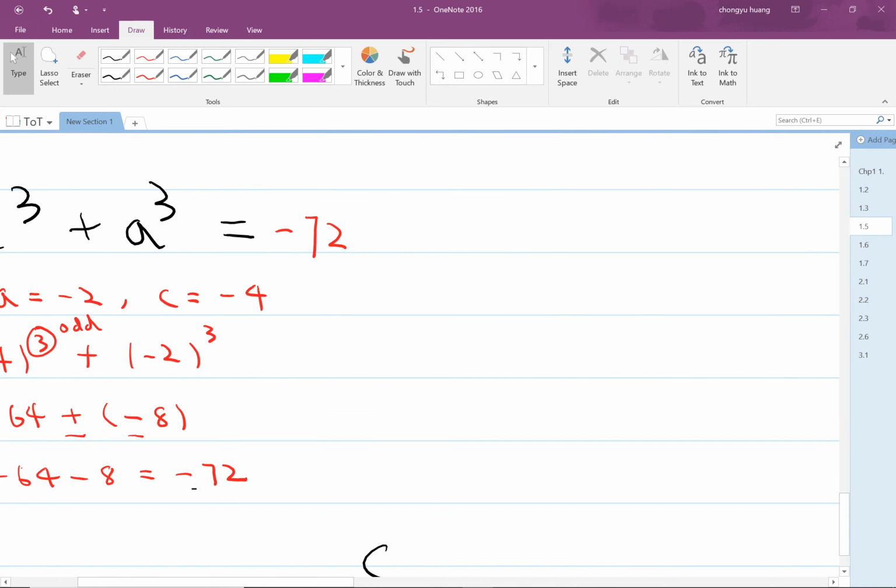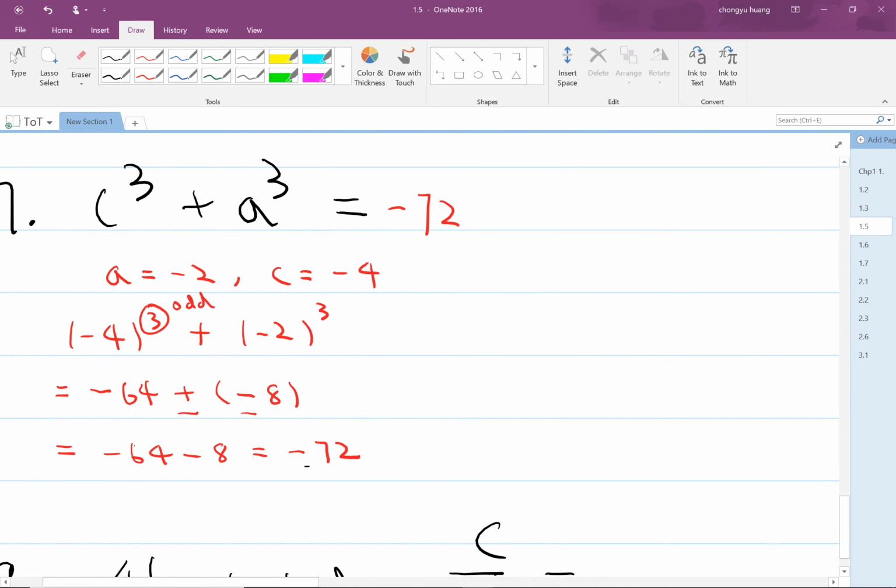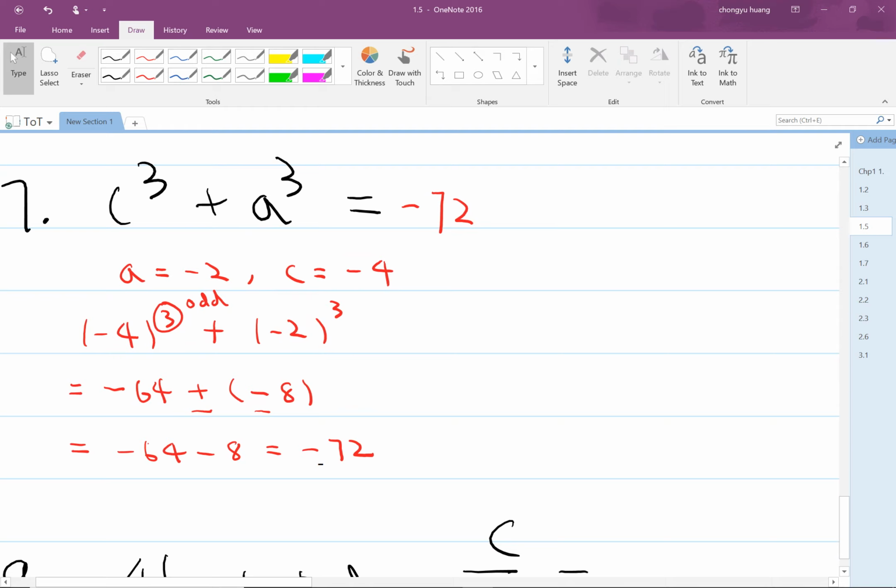So basically, whenever you're doing some power, like for example over here you got negative 4 to the power 3, right?